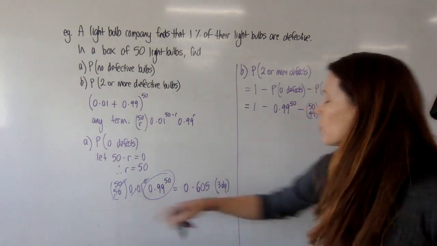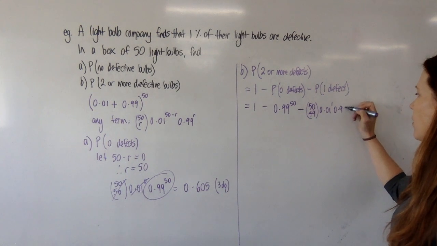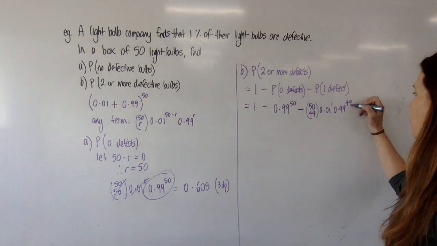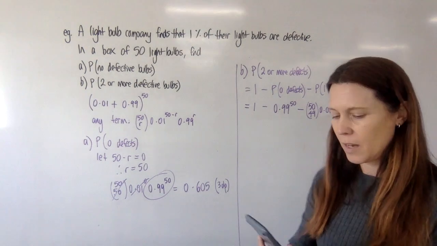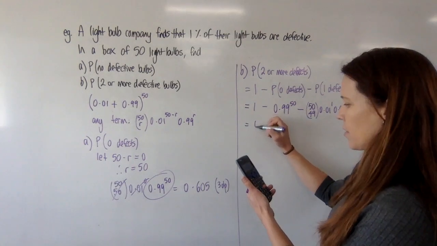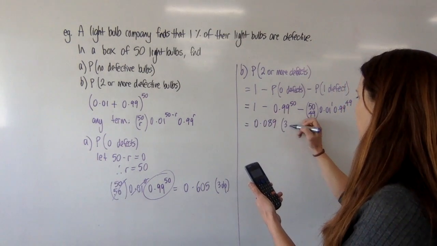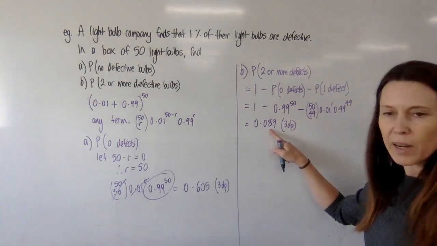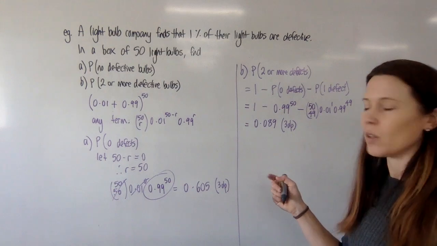And then we need 1 defect, and the good ones raised to the power of 49, because there's obviously going to be 49 good light bulbs in there. What I'm going to get is 0.089, to 3 decimal places again. So there's around about a 9% chance that there's 2 or more broken bulbs in there.